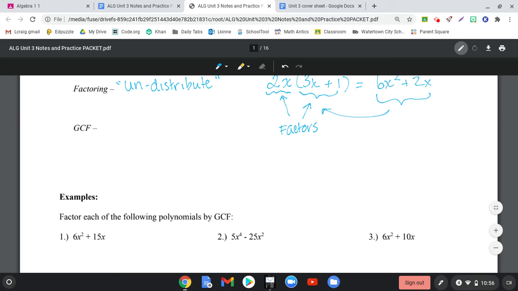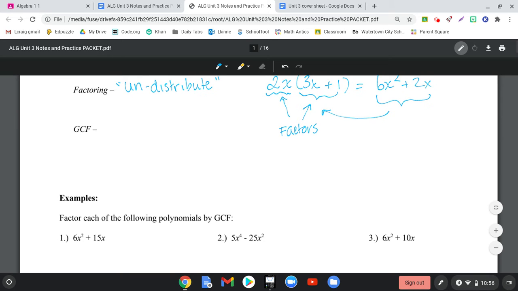Remember, GCF stands for greatest common factor. We talked about that in the last video. That's the first thing that you're going to find, the GCF, and that's going to go in front of the parentheses. And then you're going to undistribute to figure out what's left.